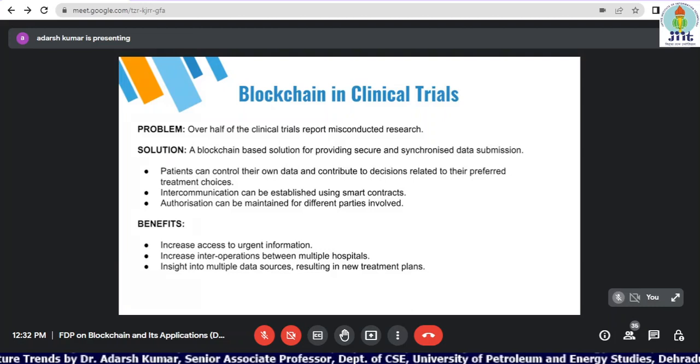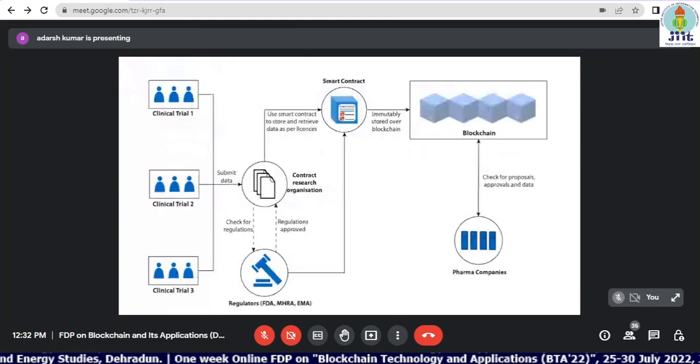Insight into multiple data sources results in new treatment plans. In future, if some doctor has changed the treatment or is doing experimentation to make the patient better, his observations can also be recorded, and all of this data will be available and can be shared easily with the patients.